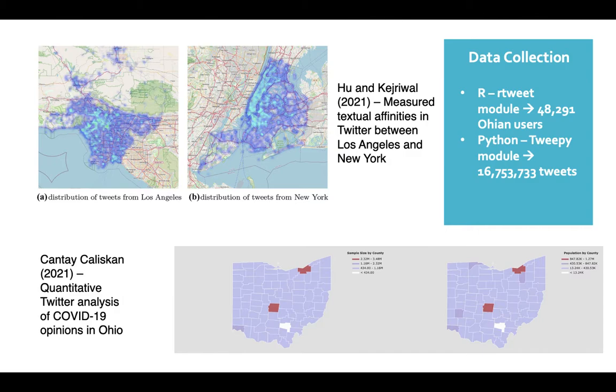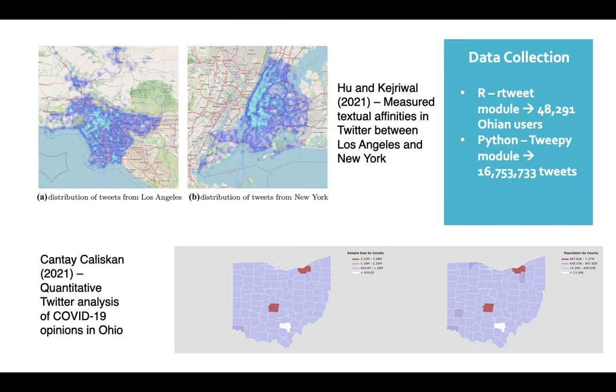And in order to do this, the researchers have used web scraping modules. So if we just focus on the COVID study, the researchers have used the module RTweet, which is a module in the statistical language R. And they've used this to collect 48,291 Ohioan Twitter users. So they've collected data on them, and they've verified that these users are in fact from Ohio, which is of course essential.